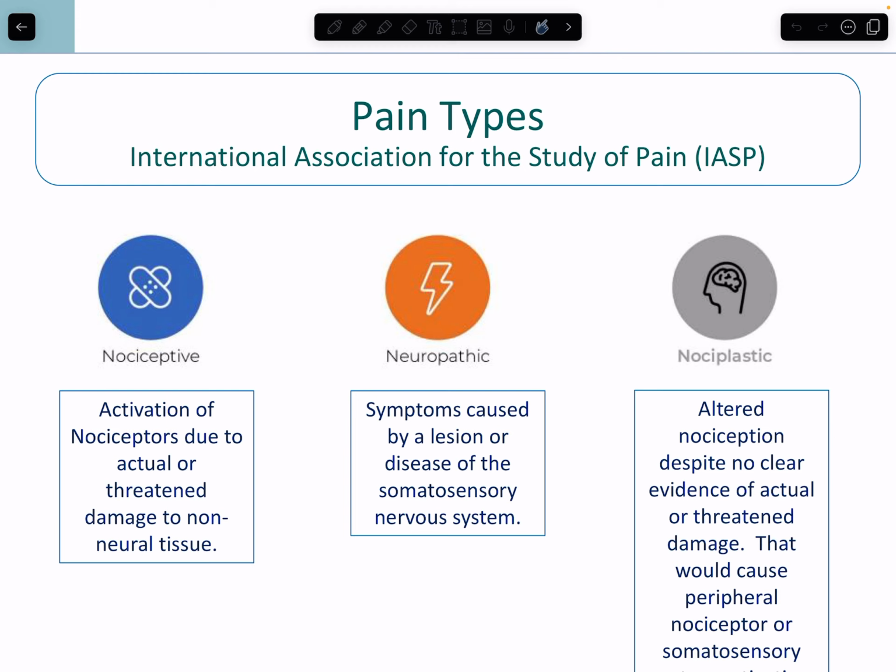And then the nociplastic category, which we always have called centralized pain, is an altered interpretation of tissue damage. So meaning there is nothing really that exists that would make you think this person should have these symptoms. And so it's this no clear evidence, but they have somatosensory symptoms, and maybe some bizarre symptoms along with it.